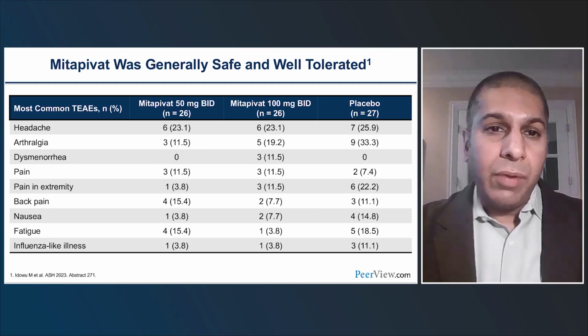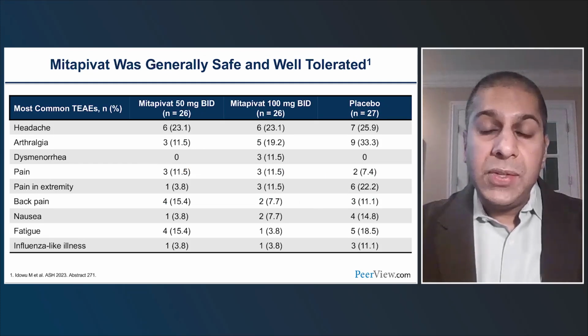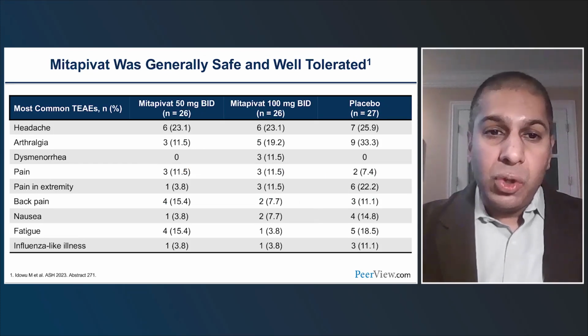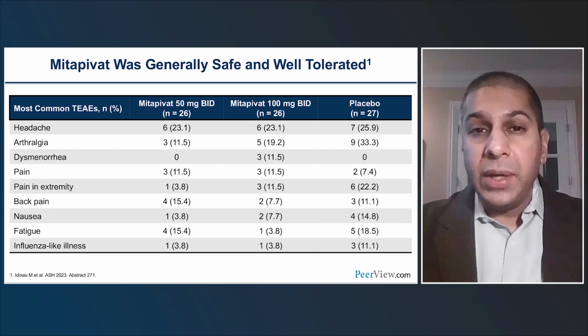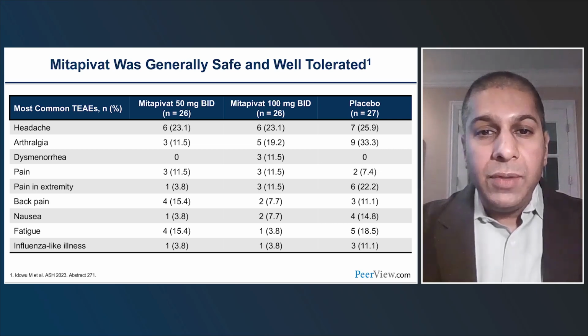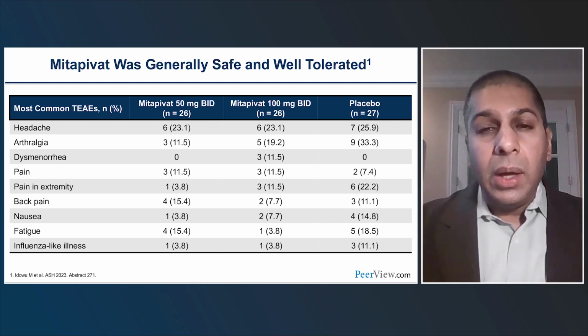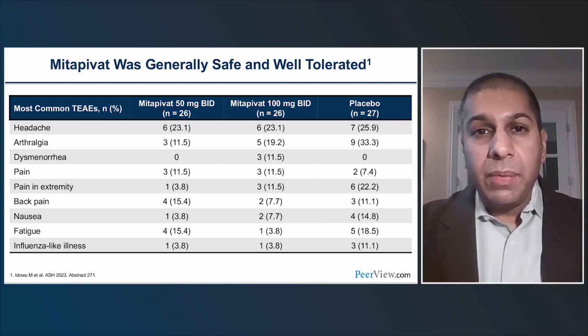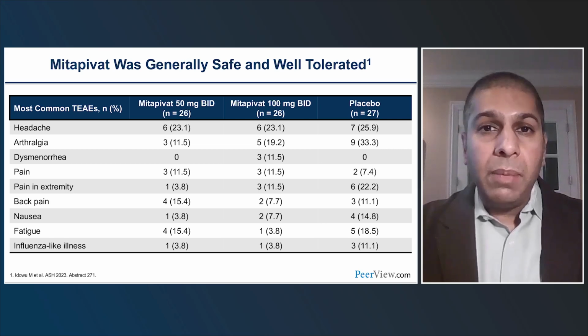Similar to etavopivat, mitapivat was generally safe and well tolerated, as shown here with the treatment emergent adverse events, both at the 50 milligram and 100 milligram arm, which is very similar to placebo, consistent with this mechanism of action, not only improving hemoglobin, but being generally safe and well tolerated in people with sickle cell disease.